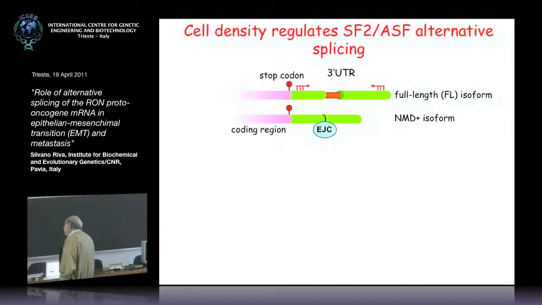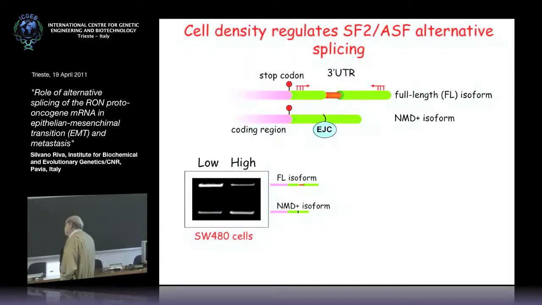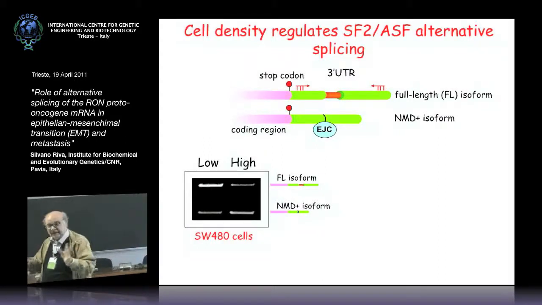And in fact, we observed that cell density, for example, regulates SF2 alternative splicing. So at low cell density, when cells are of the mesenchymal type, they migrate. Why do they migrate? Because they have more full-length isoform, and so they make more SF2, because only the full-length isoform is translated into the protein.